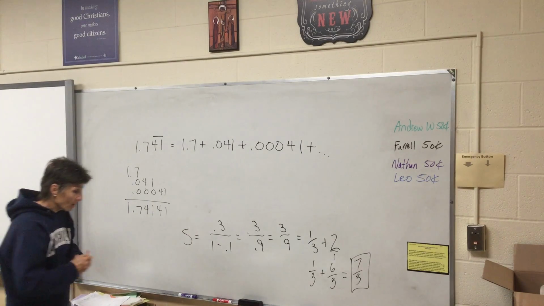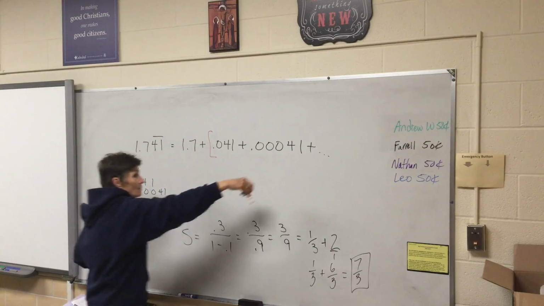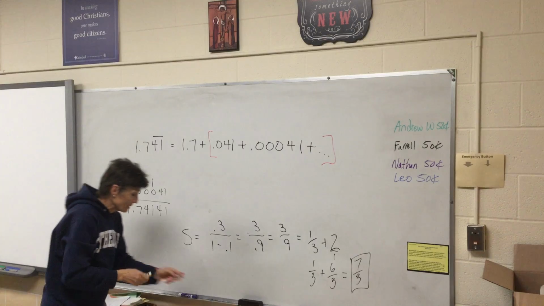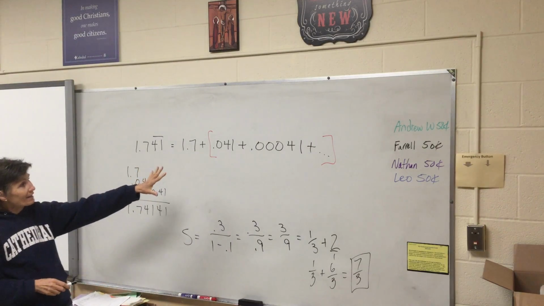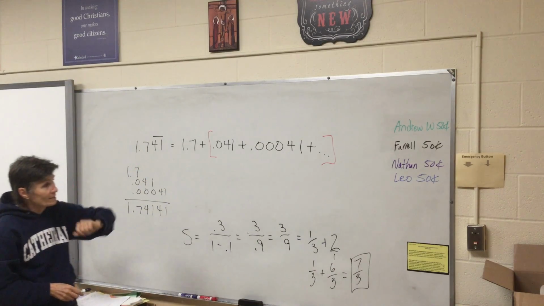Now you're going to start by adding up the part that's the repeating sequence, or the repeating series. So you're only going to add up the part with the 0.041s, the 41s.